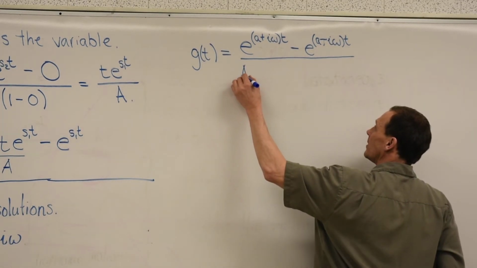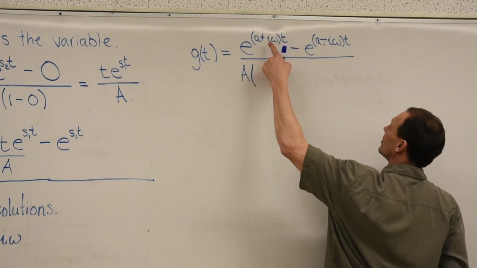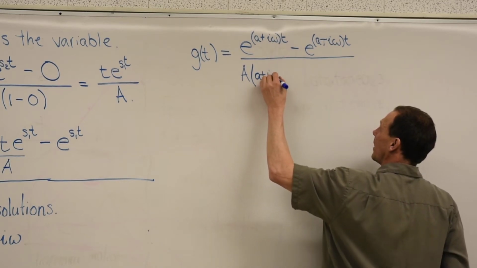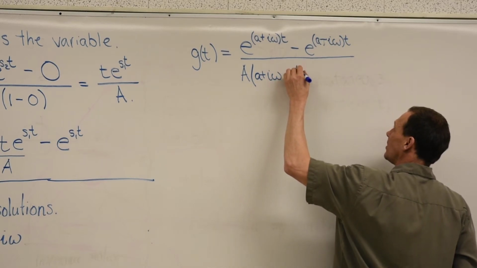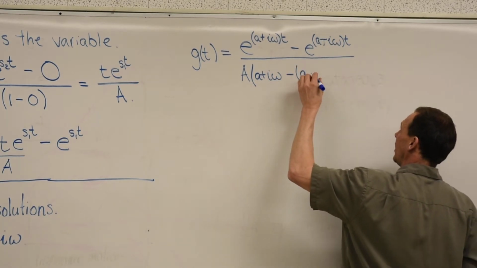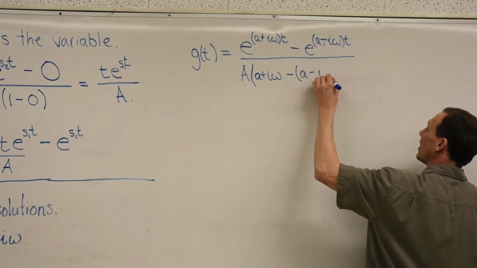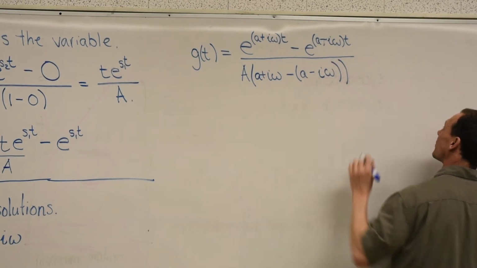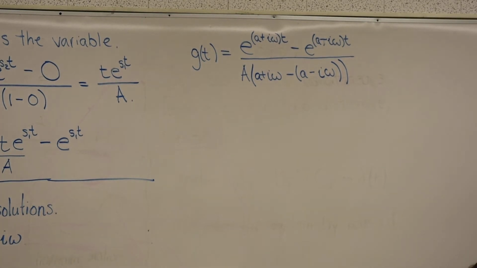So A times S2, which is this one, (a plus i omega) minus parentheses (a minus i omega). We have to put all of that in. Those are our S's.